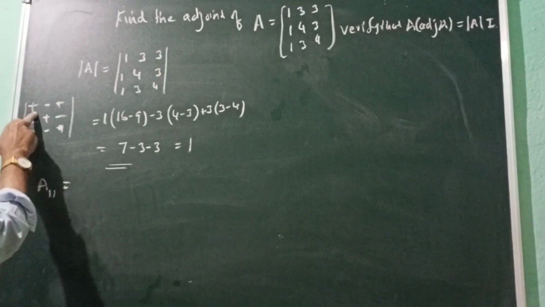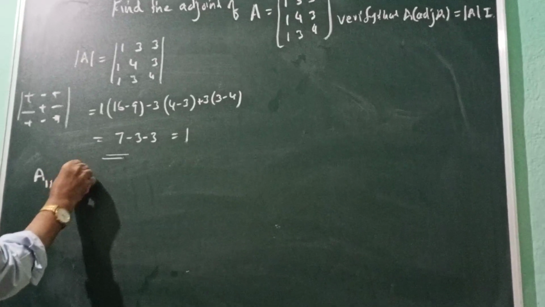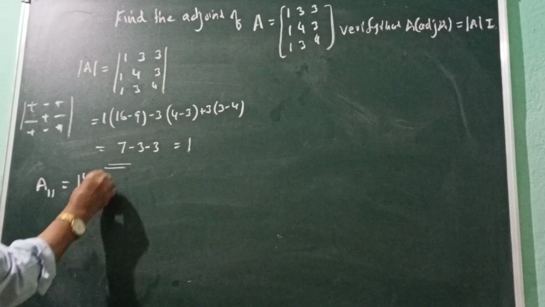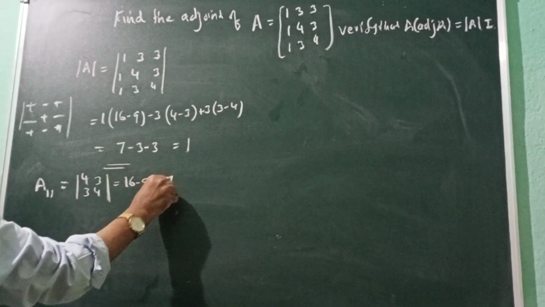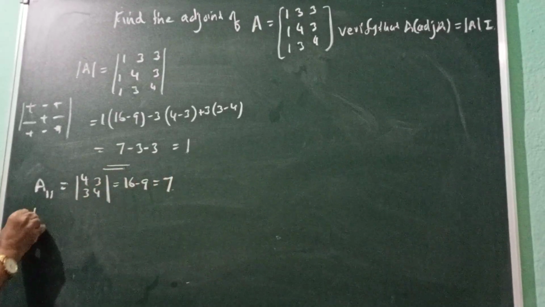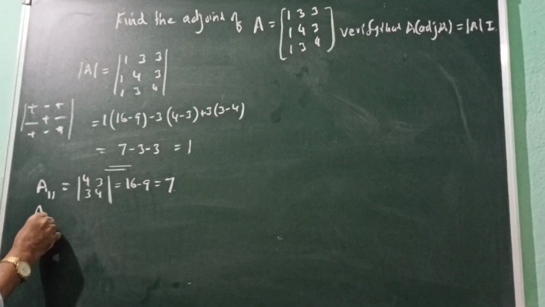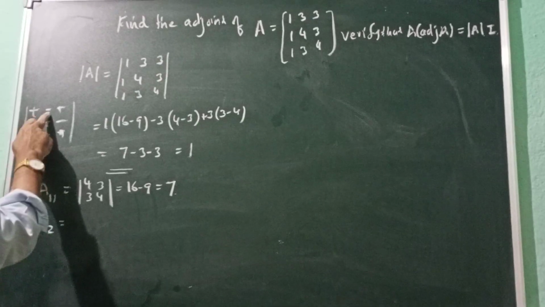So here the sign is plus. Now delete the row and delete the column. What remains is 4 3, 3 4. Multiply: 16 minus 9, that is 7. Now the cofactor of the element of the first row, second column: here the sign should be taken as minus.